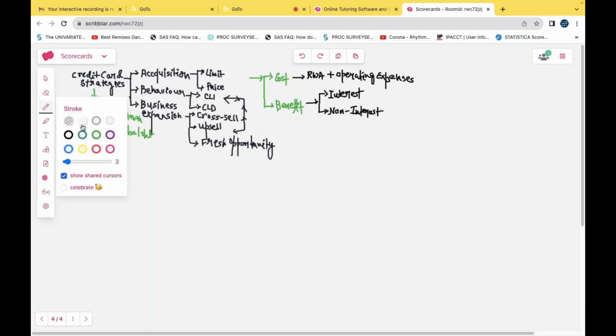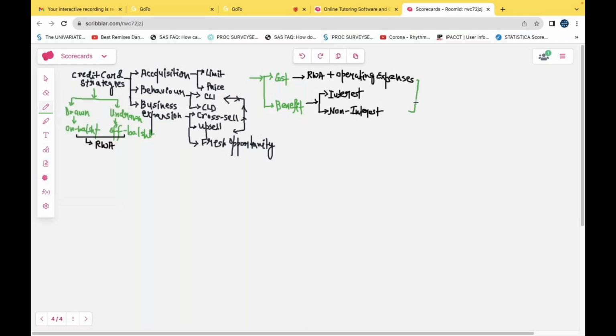And finally, the objective of the bank will be to maximize this operating revenue, to maximize the return on investment.